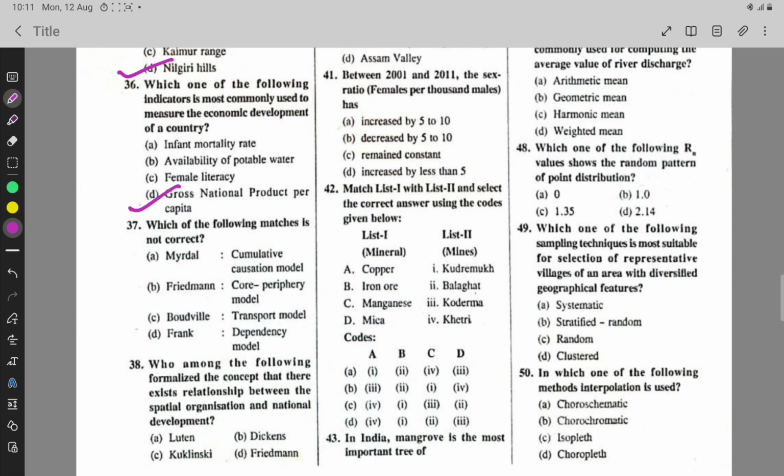Woodville transport model is not correctly matched. He gave the growth center and growth pole model, which was later modified by Perroux.